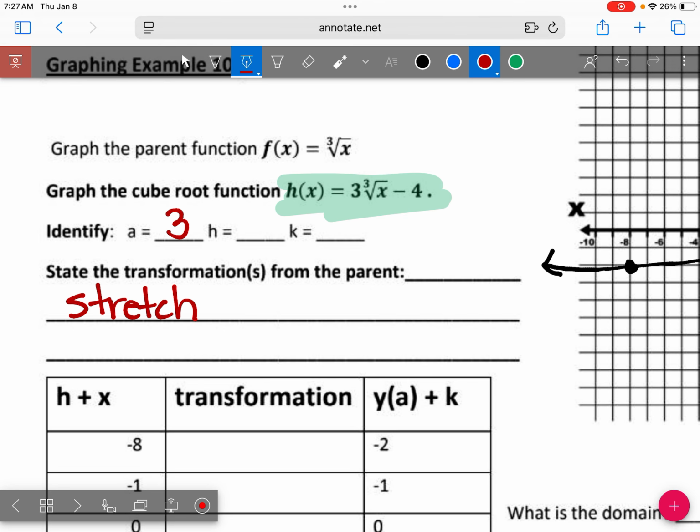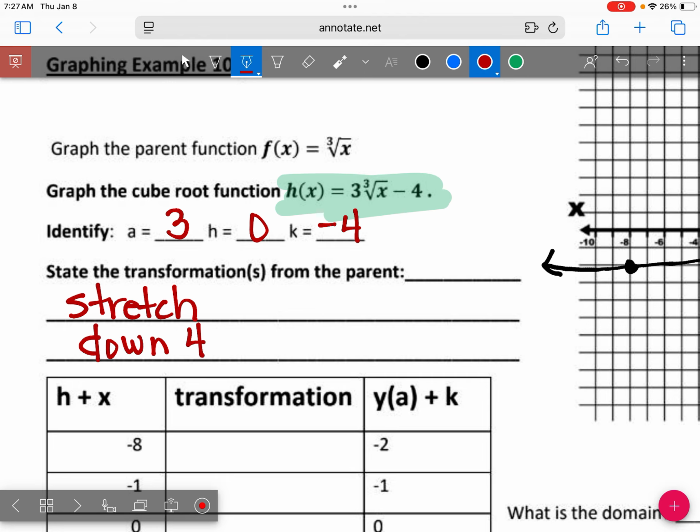What's H? 0. So it doesn't go left or right. Demarion, what's K? Negative 4. What's that going to make the graph do? Down 4. Good.